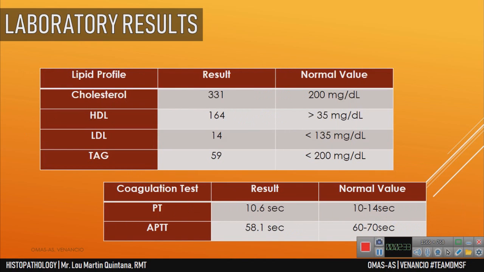The other laboratory test results also shows normal on its lipid profile for the cholesterol, HDL, LDL, and TAG. For the coagulation tests, the prothrombin time and the APTT is normal within range.